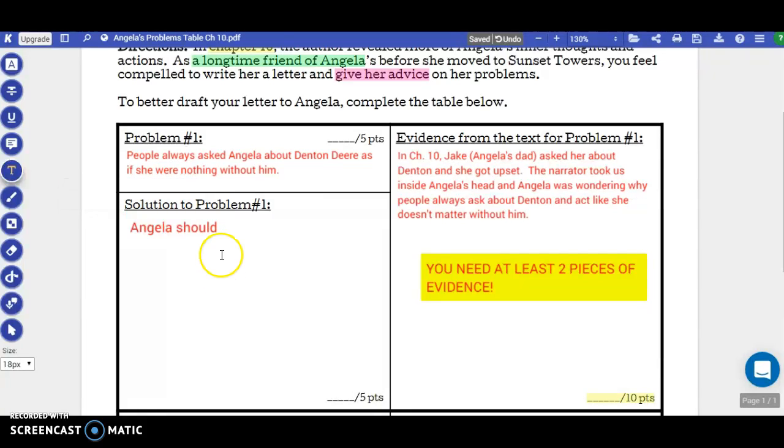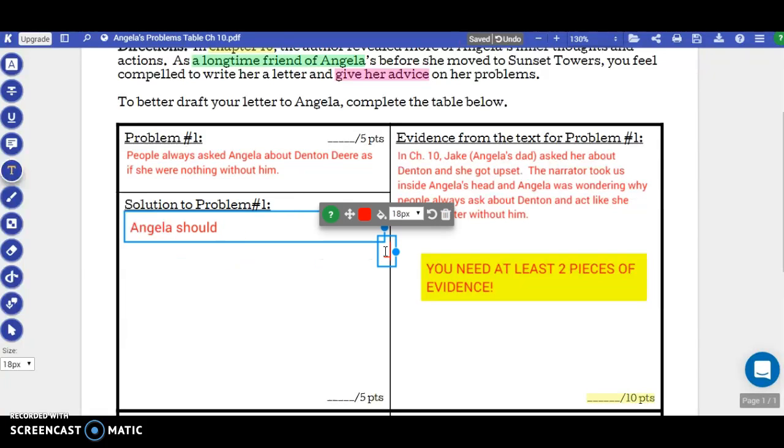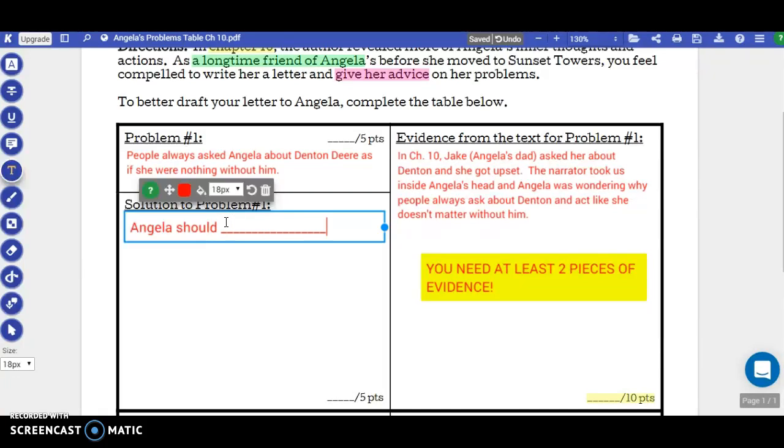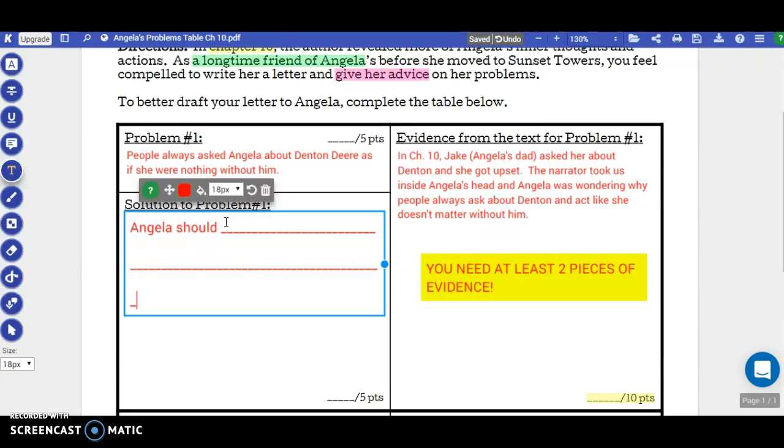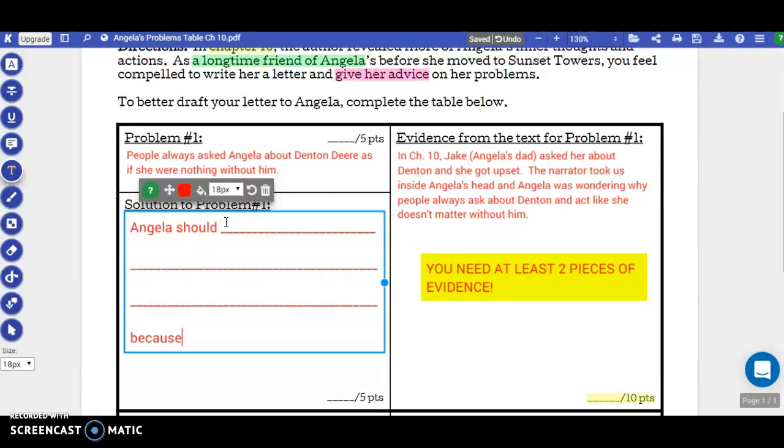So Angela should, and then you would explain what she should do. Make sure you also explain why. So Angela should explain what she should do because.